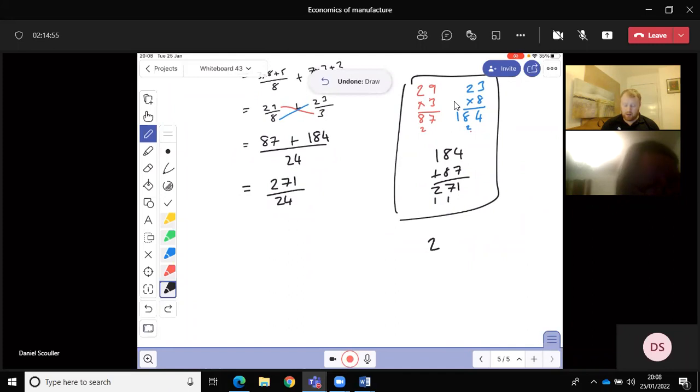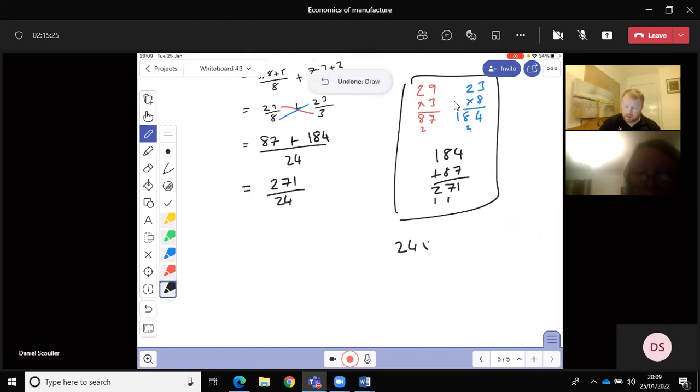Or if I look at that number, the most obvious multiplication you can do is timesing something by 10. So if I times 24 by 10, it's 240. I'm just adding a 0 to the end. That 271's above 240, so I can start there.